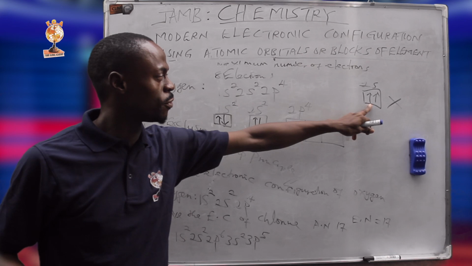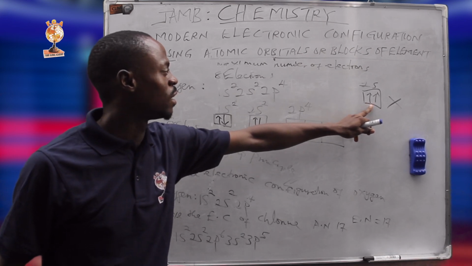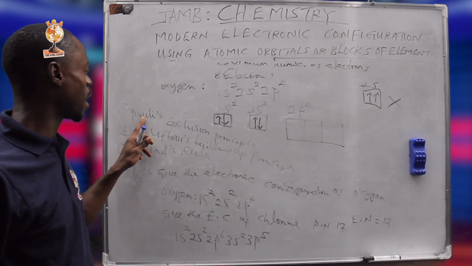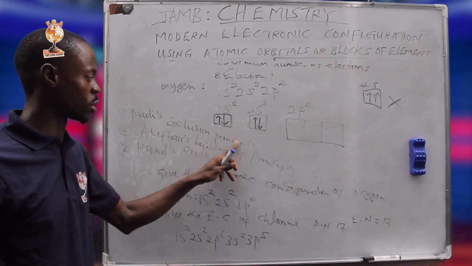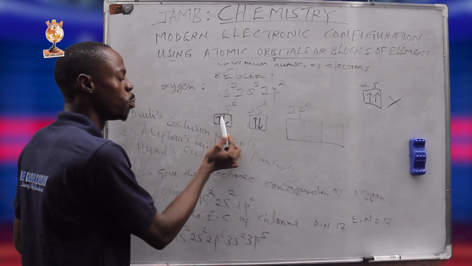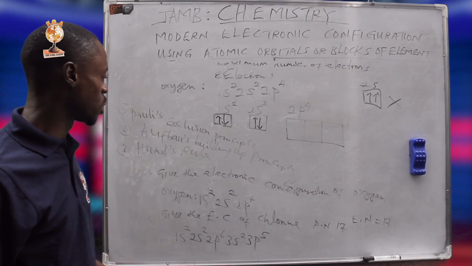Though he succeeded in filling this orbital with the two electrons, because they are facing the same direction, it has defied Pauli's exclusion principle. The electrons must be filled facing opposite directions. That's what we mean by but with opposite spin.